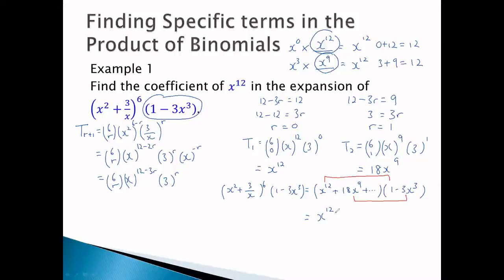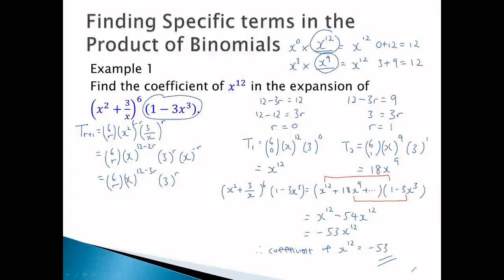And then what's 18 times negative 3? It's minus 54x to the power 12. And therefore, I get minus 53x to the power 12. So they want the coefficient, right? Therefore, the coefficient of x to the power 12 equals negative 53.